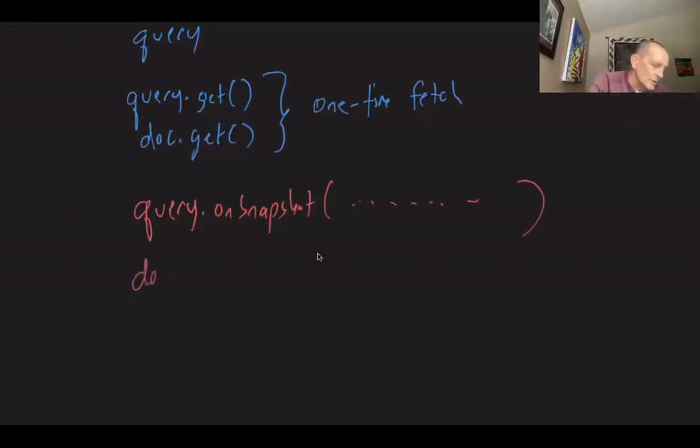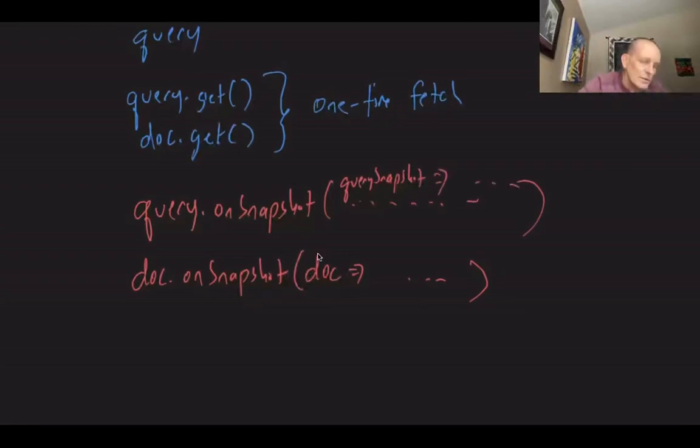Or similarly, we can do a doc.onSnapshot. So if we do a doc.onSnapshot, we are going to pass in a function that gets called every time the document changes. And similarly, with onSnapshot on a query, we're going to get called back with a query snapshot every time the query snapshot changes.